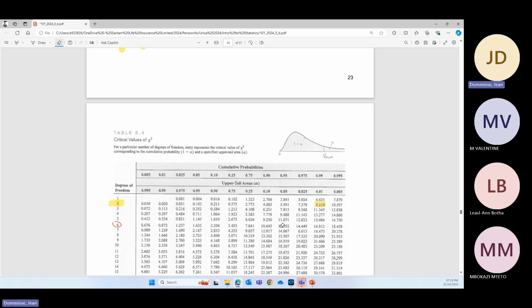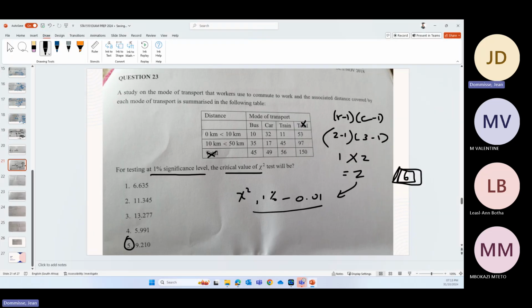I just want to check at the 6. So 16.812. Okay, so at least there wasn't a 16.812 that one could have gotten wrong if you had added that.